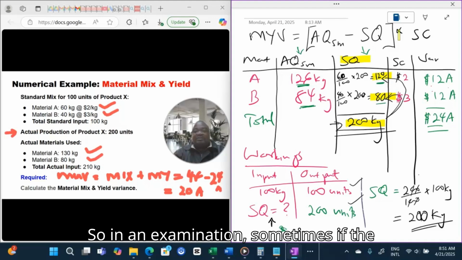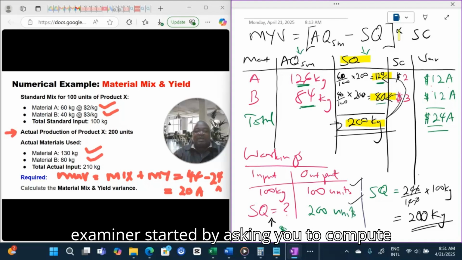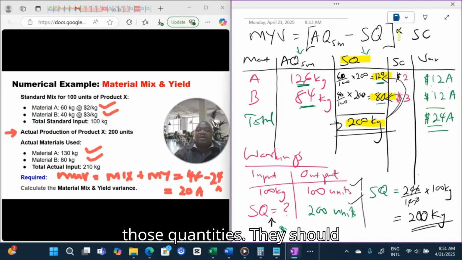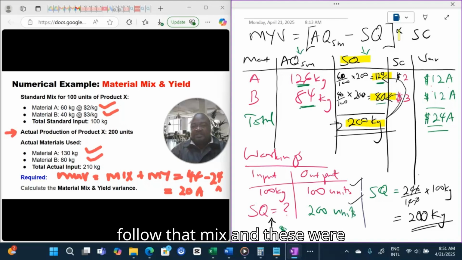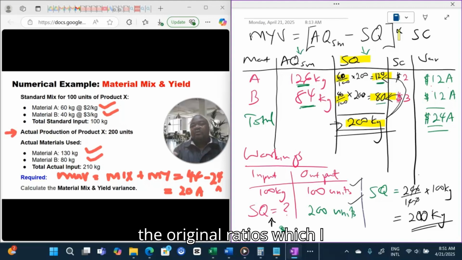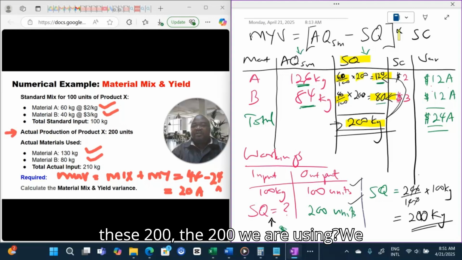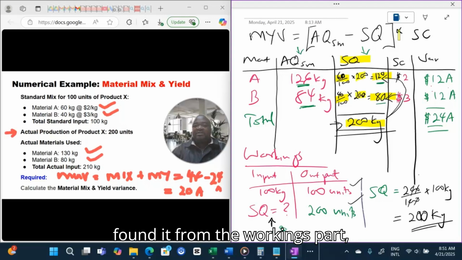So in an examination, sometimes if the examiner started by asking you to compute the material usage variance, just know that the standard quantities column should actually follow that. If they did not give you those quantities, they should follow that mix. And these were the original ratios which I incorporated there. And how did you get this 200? The 200 we are using, we found it from the workings part, right?